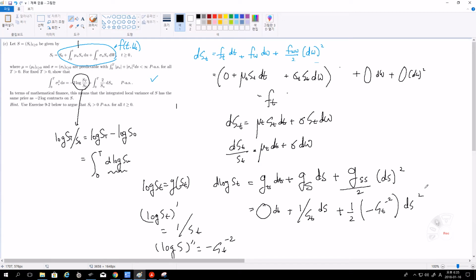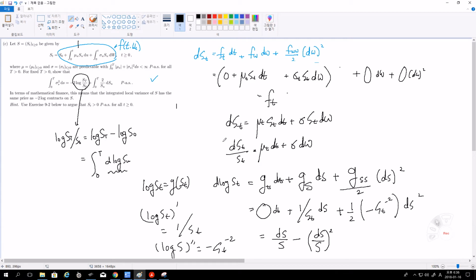Then we can do some slight exercise. Then it is dS over S plus half of, actually now it is minus over here, so it is minus 1 over 2 S squared dS squared, isn't it?